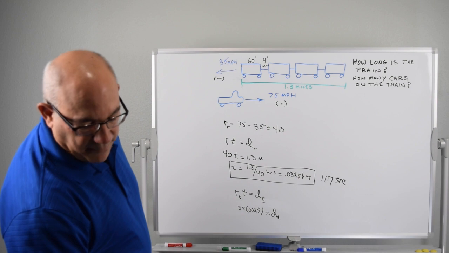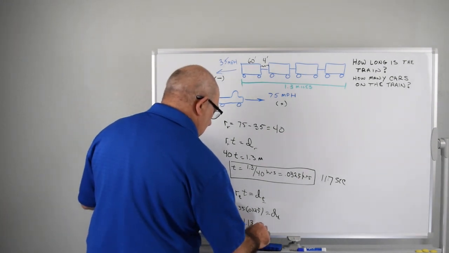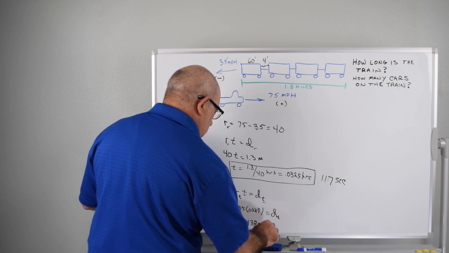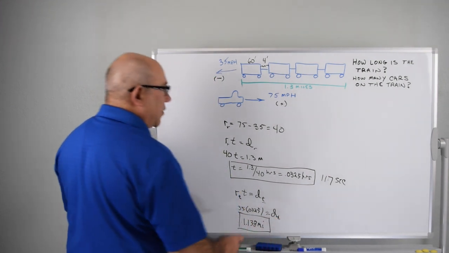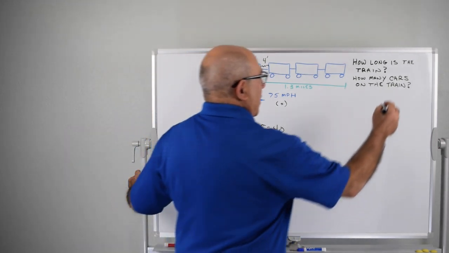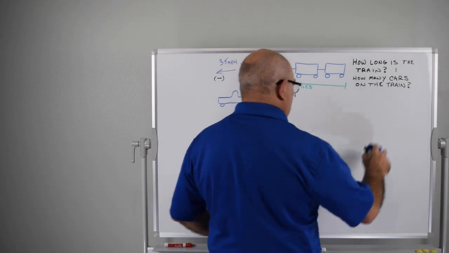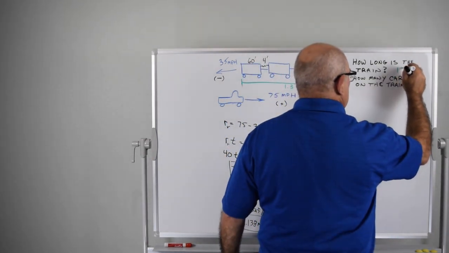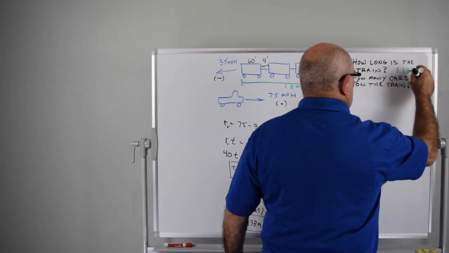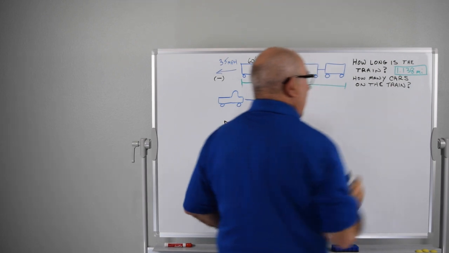And when we do that, the train is actually 1.138 miles long. Okay, so that answers the first part of the question. We'll write that down over here. So the train is 1.138 miles long.